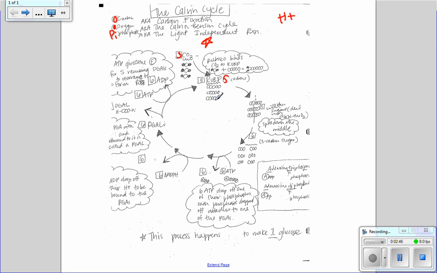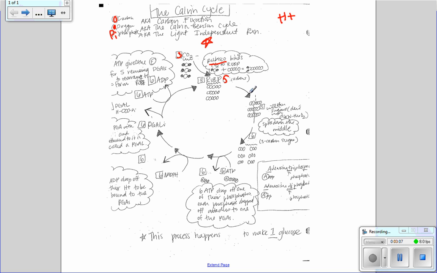Okay, the molecule that helps that to happen is called Rubisco. That's already written up here. So Rubisco binds 3 carbon dioxide molecules to 3 RUBP molecules, and this is what we come out with. So y'all see the little kind of cloud thought that I wrote up at the top here?